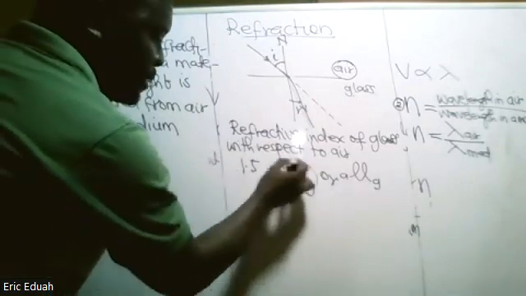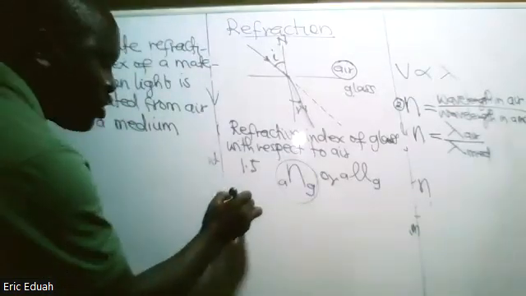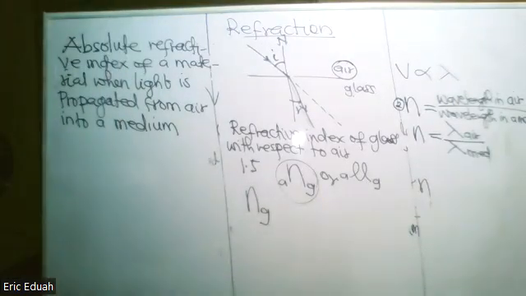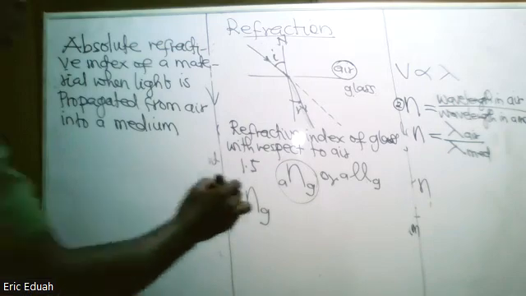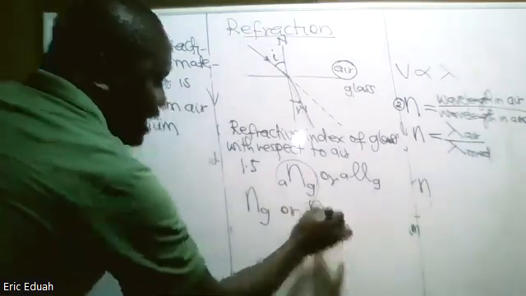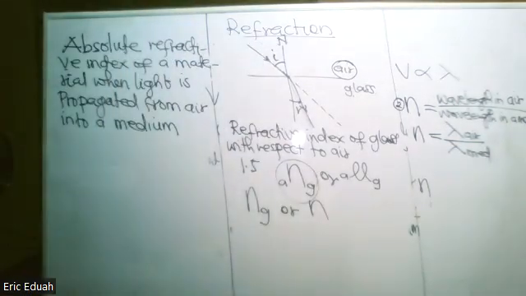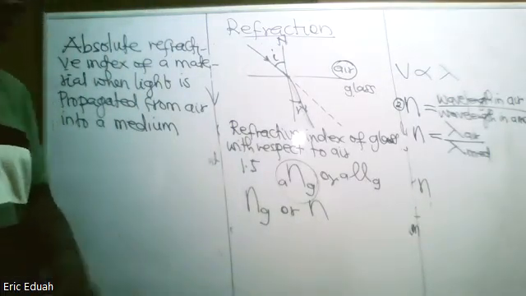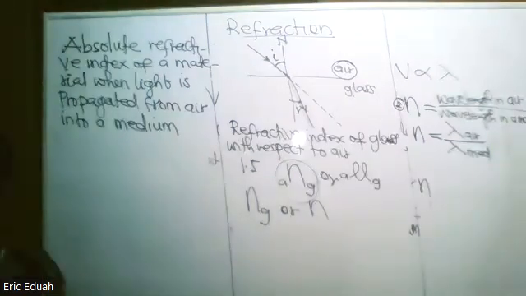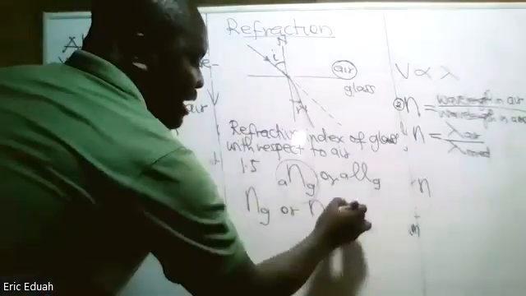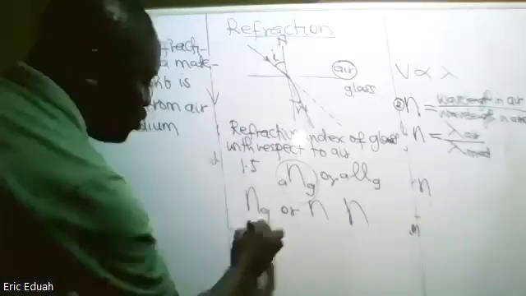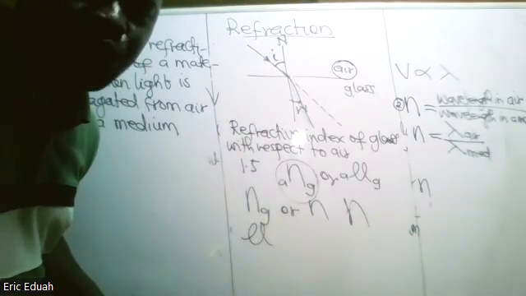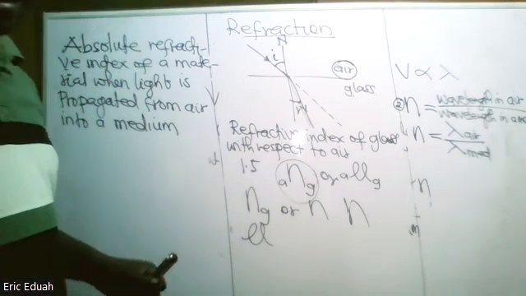So we can represent it like this. It can also be represented simply as n of glass or just n. Any of these three goes for absolute refractive index. So if you see n, just n or mu, it means that the first medium is air.